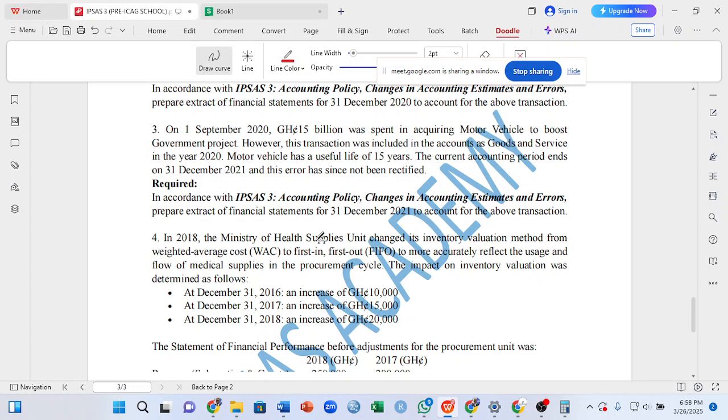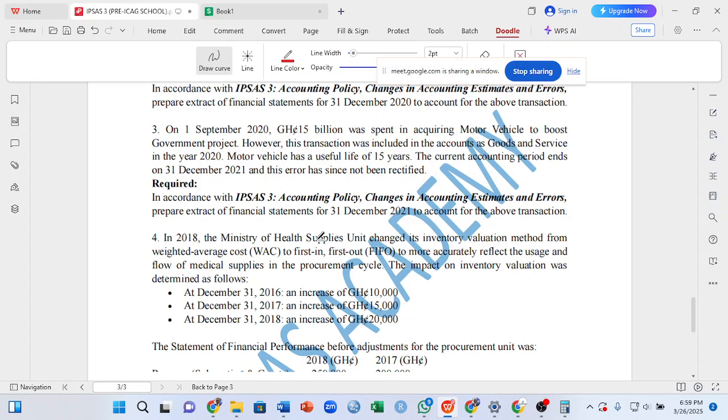Change in accounting policy, estimate, or error, and why? Hey, no one is talking. I thought this one would be much clearer.